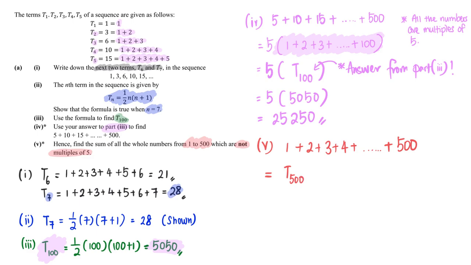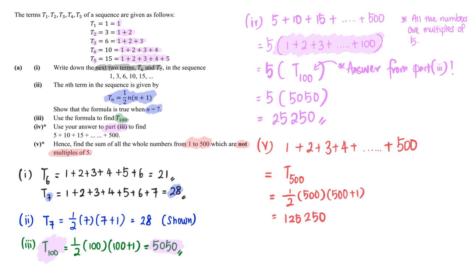Okay, and this will be equals to half times 500, 500 plus 1. This will give me a value of 125,250. But this is not the final answer, okay?